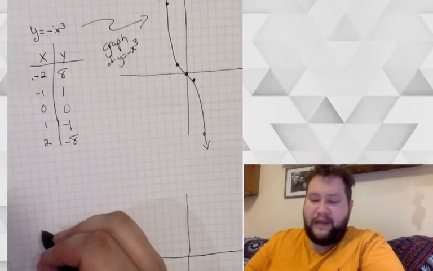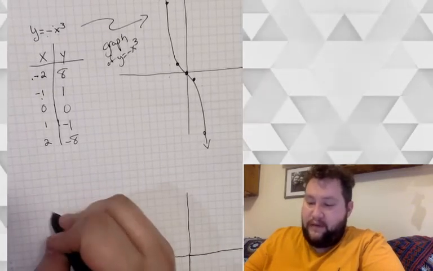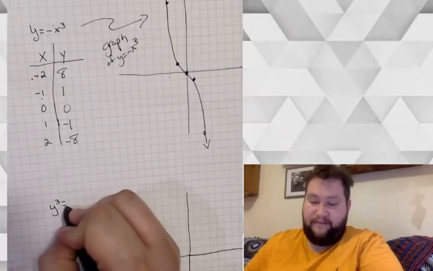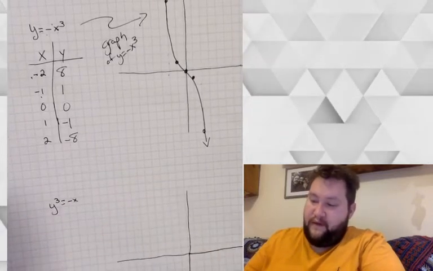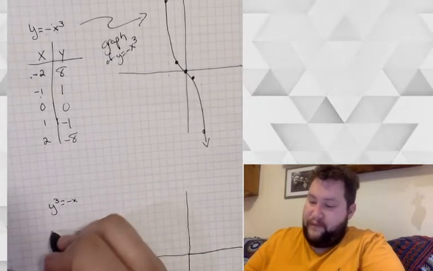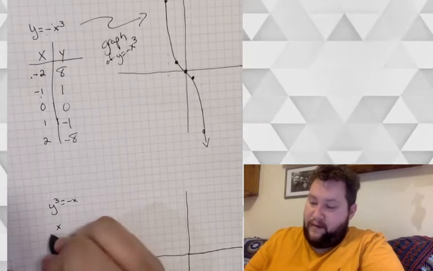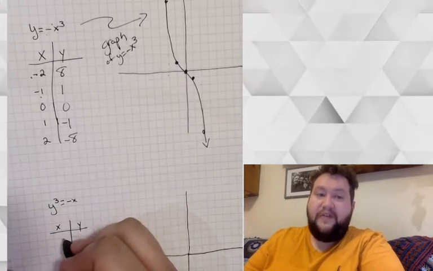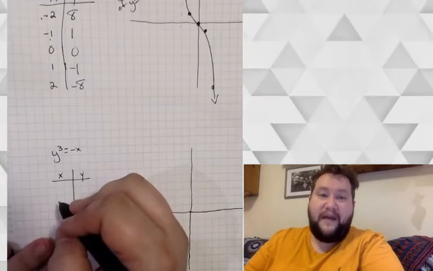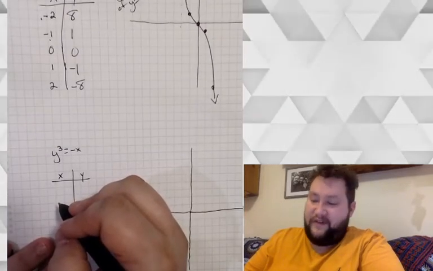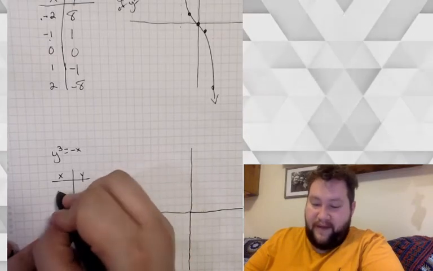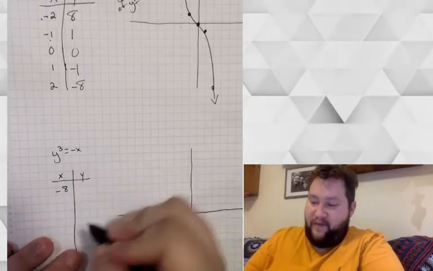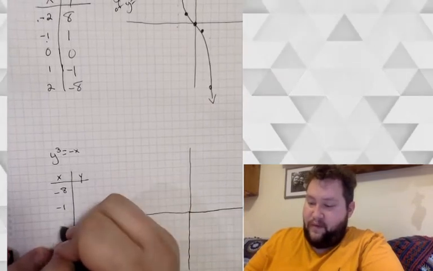So let's look at the related equation, y cubed equals negative x. So we'll take our x and our y, and you'll see why I'm about to pick my different values in just a moment. I'm going to pick negative 8, negative 1, 0, 1, and 8.